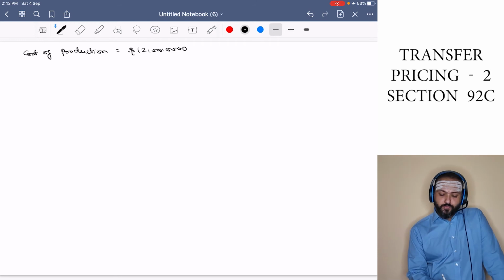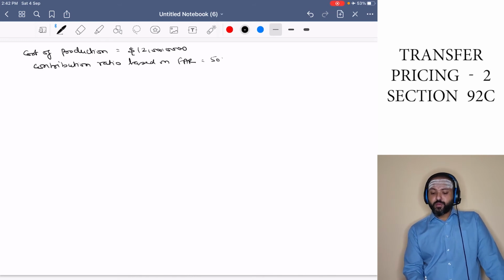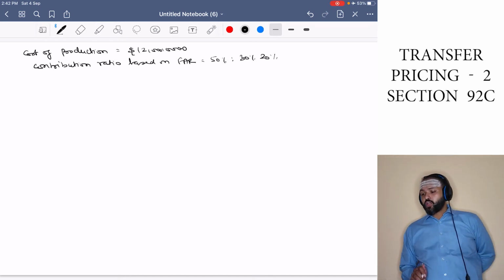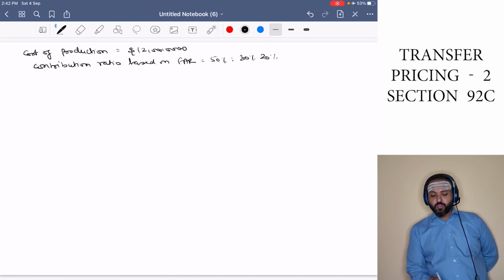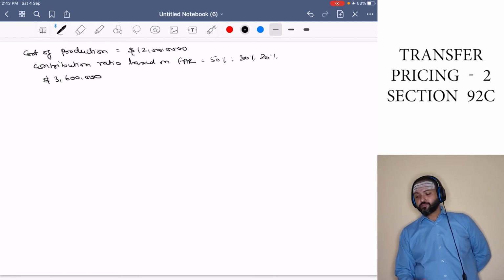So, contribution ratio based on FAR. What is FAR? Functions performed, assets employed, risks assumed is going to be 50% is to 30% is to 20%. So this is what is given in the question. Now, cost incurred by Indian entity is going to be $3.6 million. Okay.